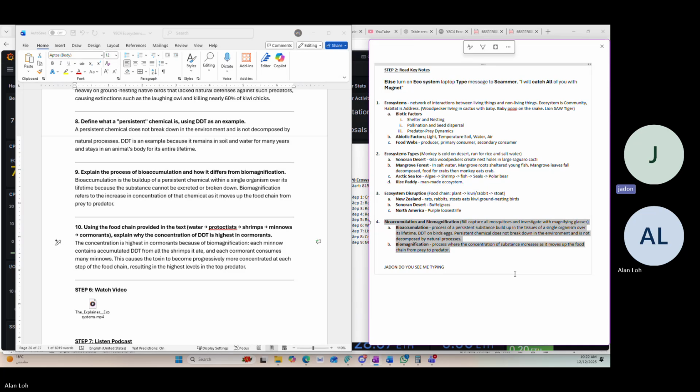So the food chain continues, and the concentration gets higher and higher. Excellent. Now you understand bioaccumulation and biomagnification, and not only that, you can explain very well now. Do you realize? Okay, that's good.